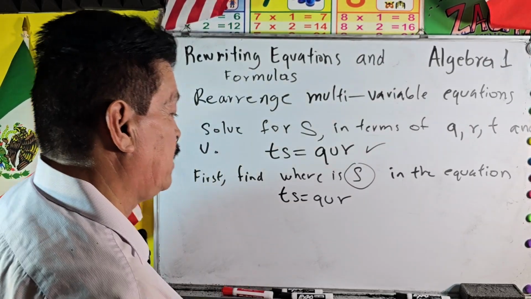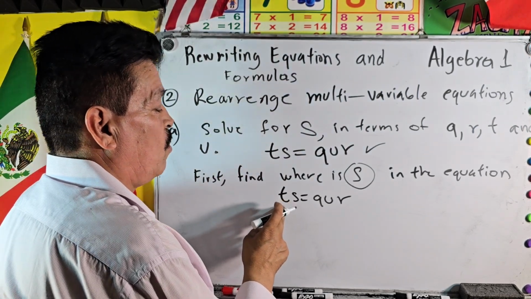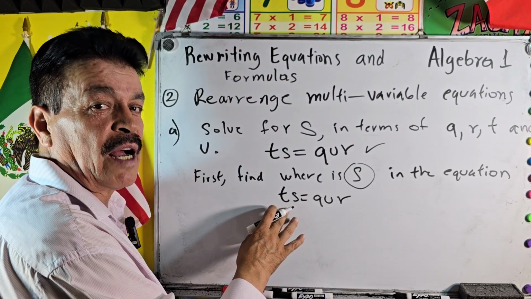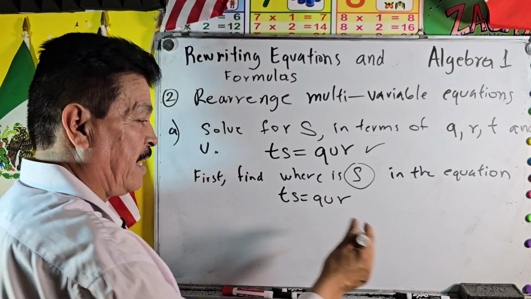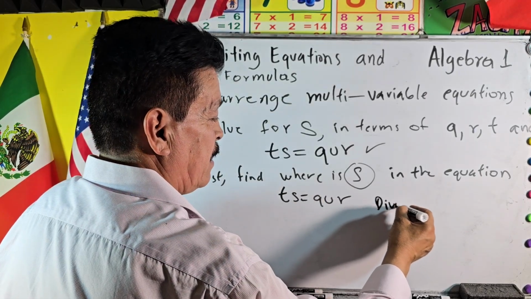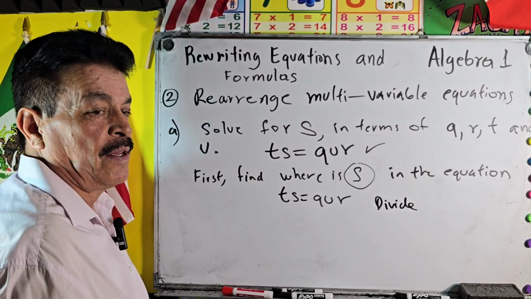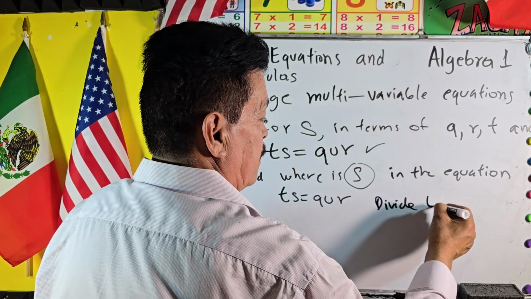So when you move some variable to the other side, when it's multiplication, you have to divide. So then divide both sides.